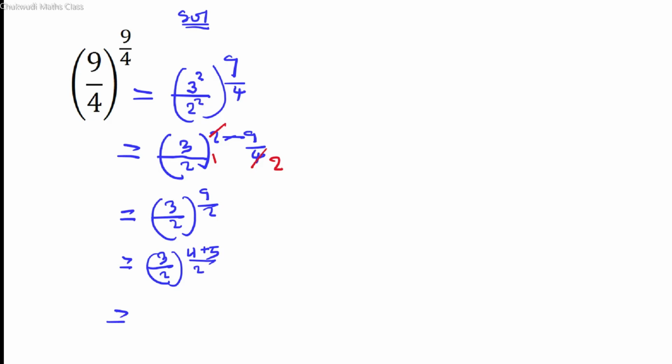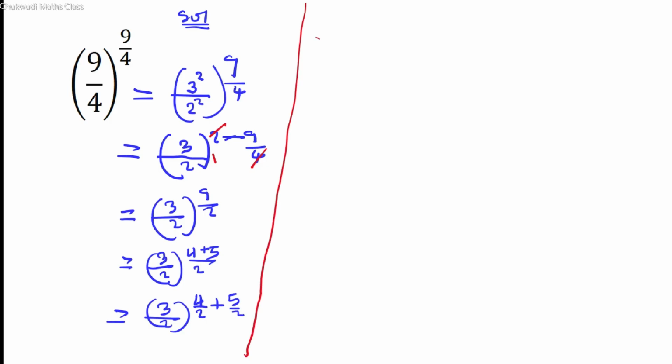This is the same thing as (3/2) raised to the power (4 plus 5)/2, which is the same thing as 4/2 plus 5/2. They mean the same thing. And what we have is (3/2) raised to the power 4/2 plus 5/2. This is equal to (3/2) raised to the power 2 plus 5/2.